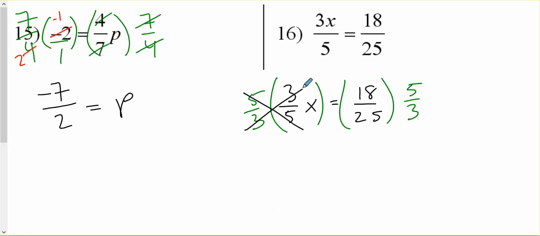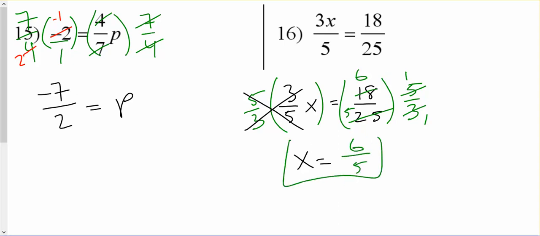The 3's simplify, the 5's simplify, so we're left with 1x. Can I simplify on my right side? Yes, I can. 5 goes into 5 once, 5 goes into 25 5 times, 3 goes into 3 once, 3 goes into 18 6 times, so we have 6/5.